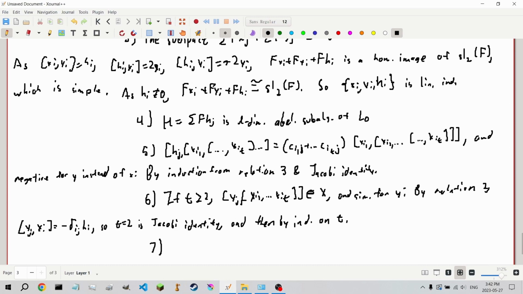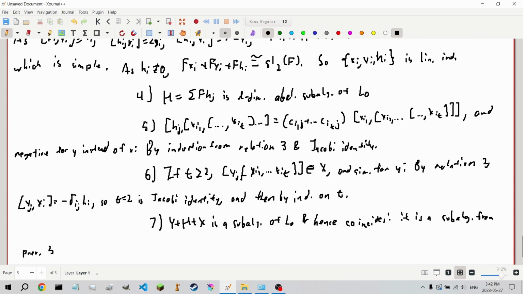Step 7 is that Y plus H plus X, I don't know if the order matters, but I'll copy it anyway, is a subalgebra of L naught from the previous three steps, and contains the generators of L naught, and hence coincides with it.